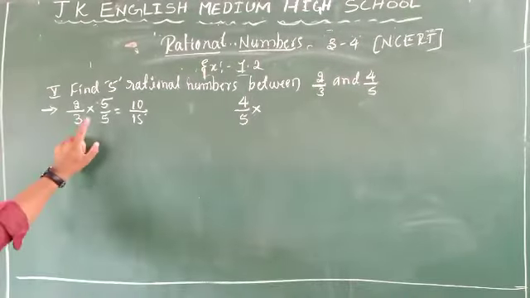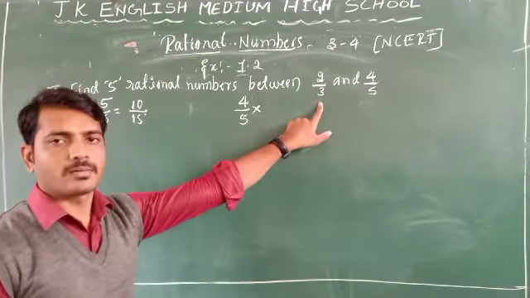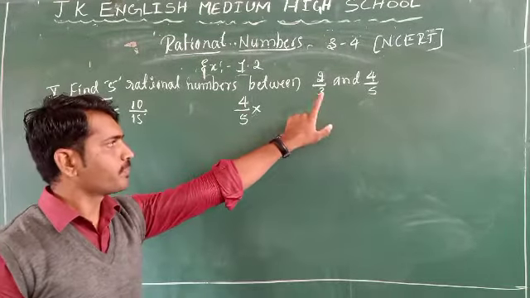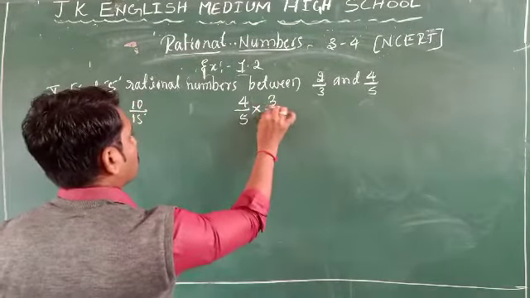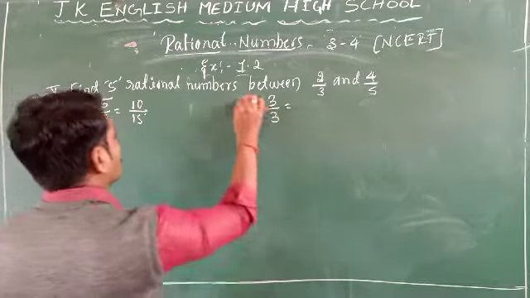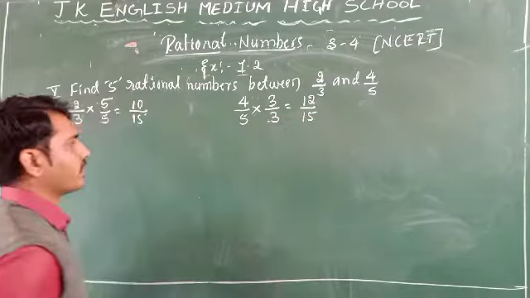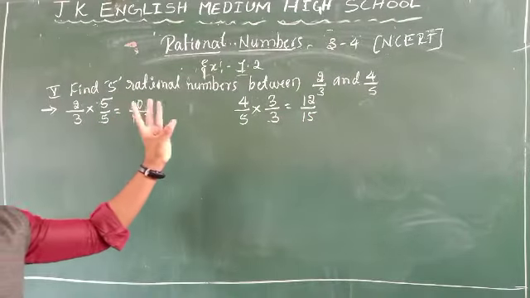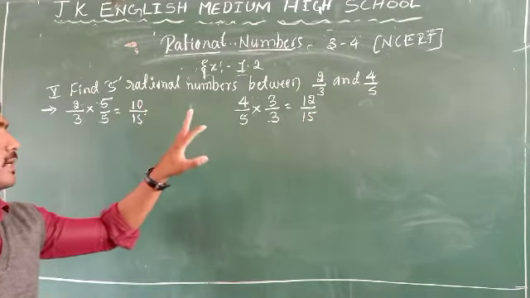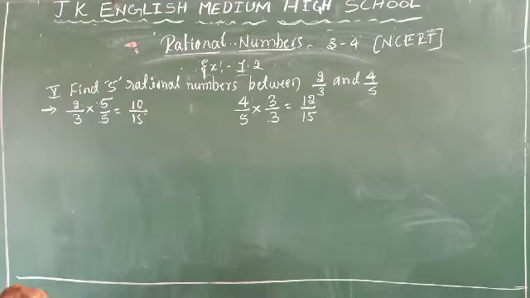Multiply this denominator, take the LCM. 3 into 3 divided by 3. 4 3s are 12, 5 3s are 15. So 10, 11, 12: only one number will come. How many numbers did we say? 5. So what to do?